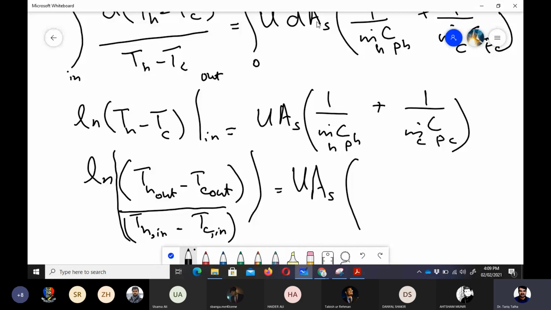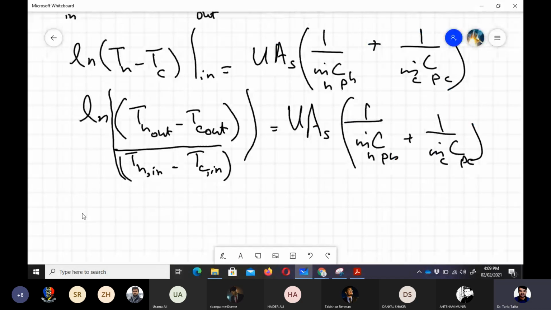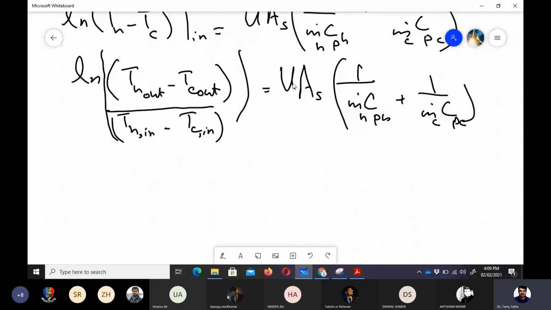Because when we take the differential, ds is pi D dL, so that is how ds is replaced with that, and we continue with this. Now, what is here UAs?